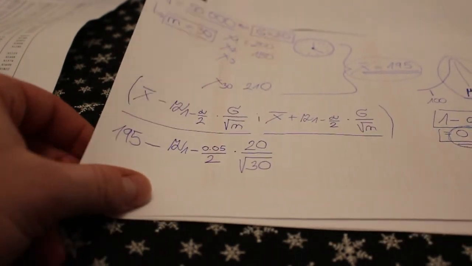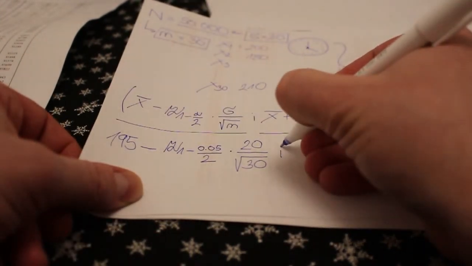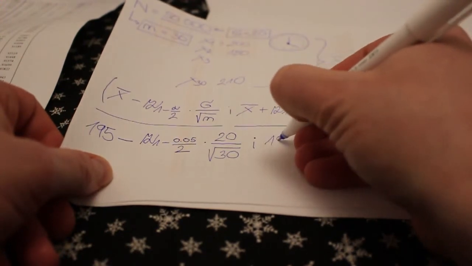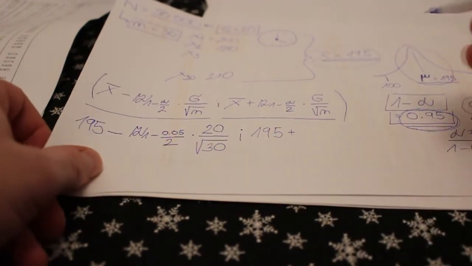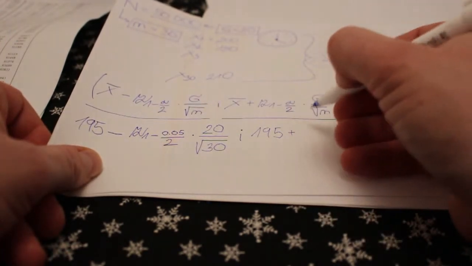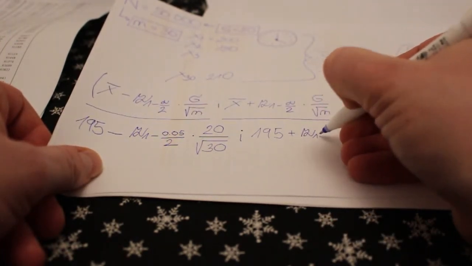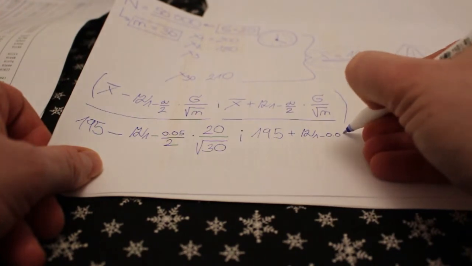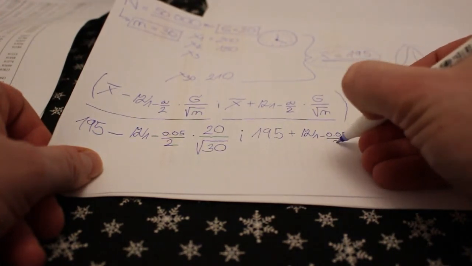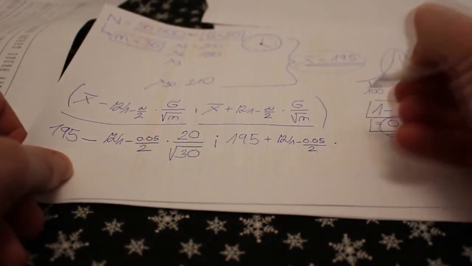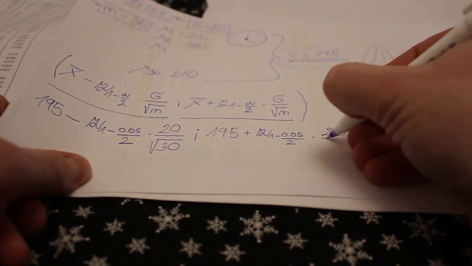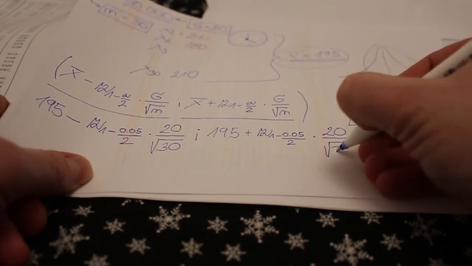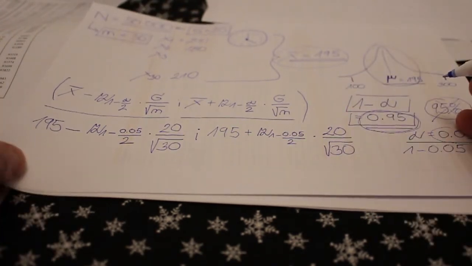So this will be the left side, and the right side is 195 days plus the same quantile of the standard normal distribution z, 1 minus 0.05 divided by 2, times, again, sigma 20 divided by square root of 30.